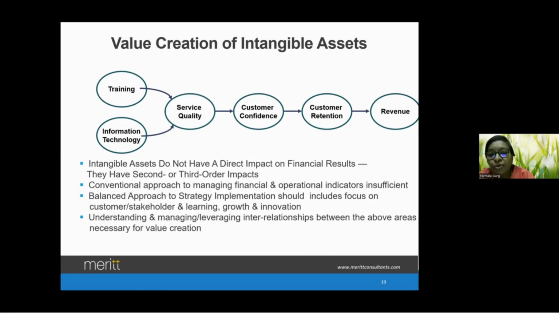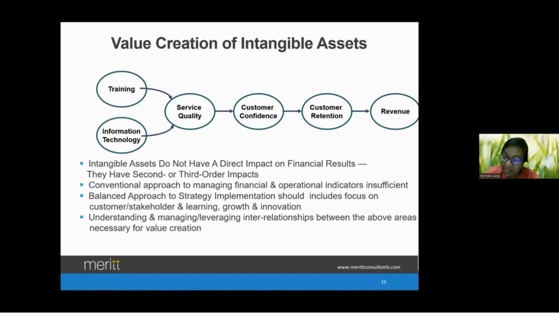By ensuring that you have quality processes. And how do you deliver those quality processes? By ensuring that the right kind of competencies are there, the right training is given, the right technology is given. So that's how this becomes your leading indicator, and this is your lag indicator.